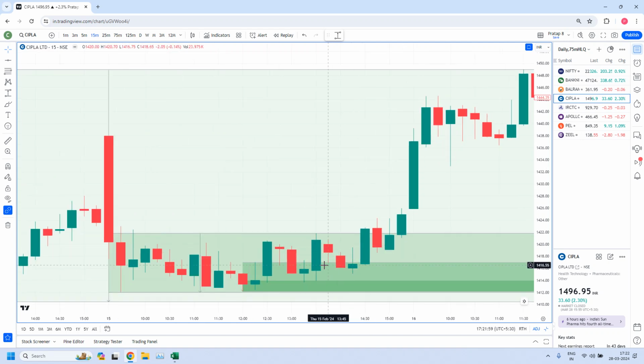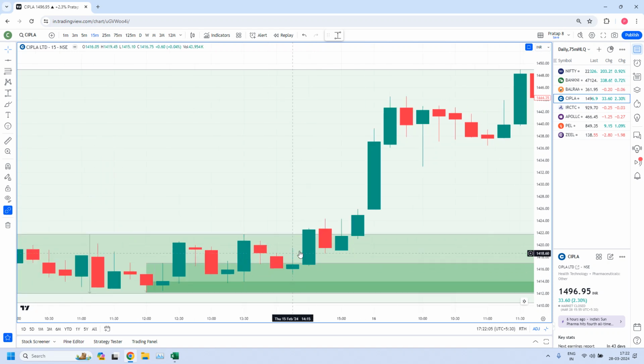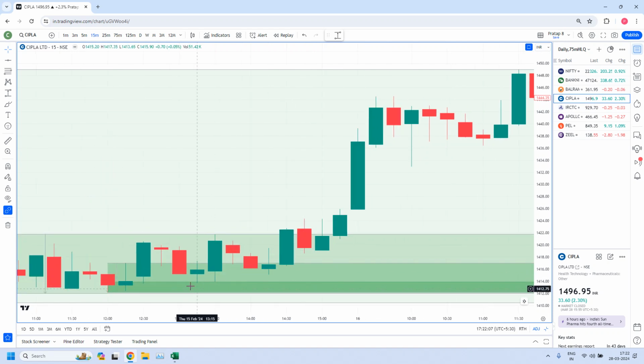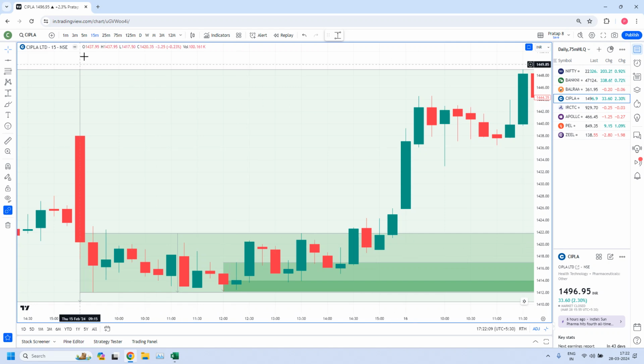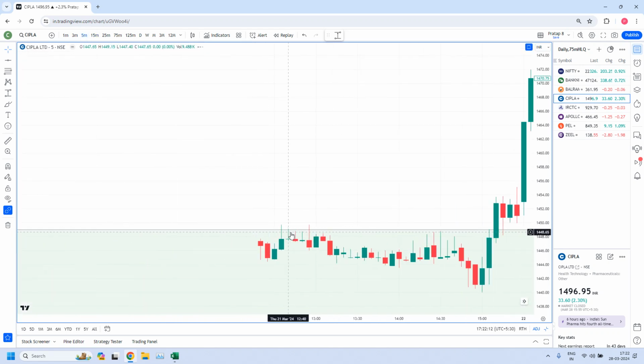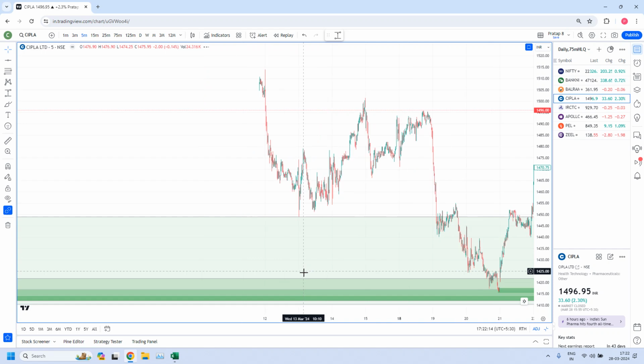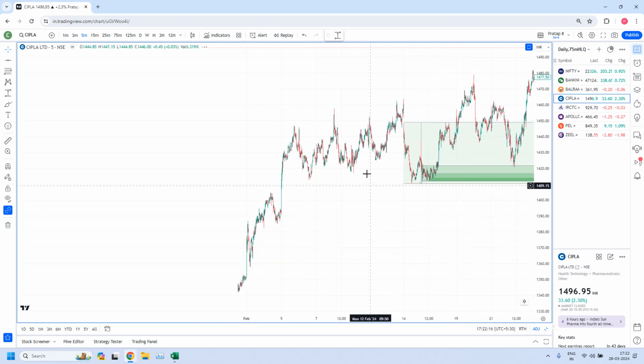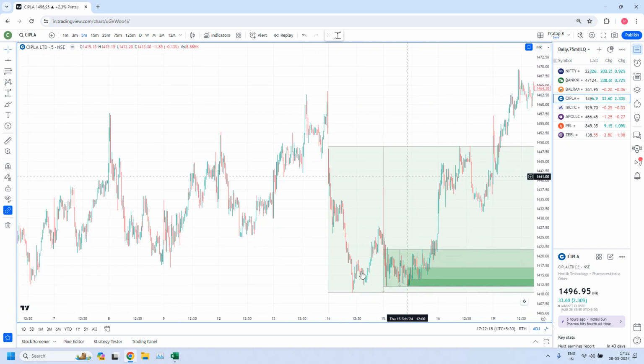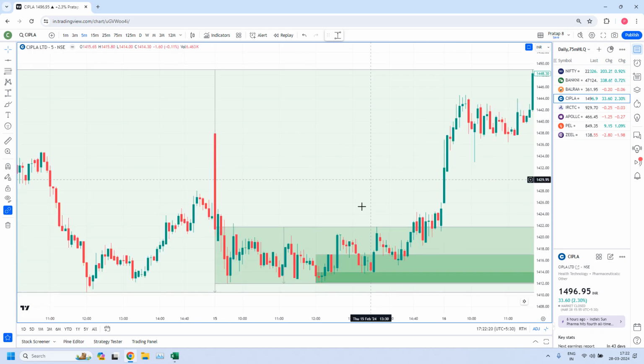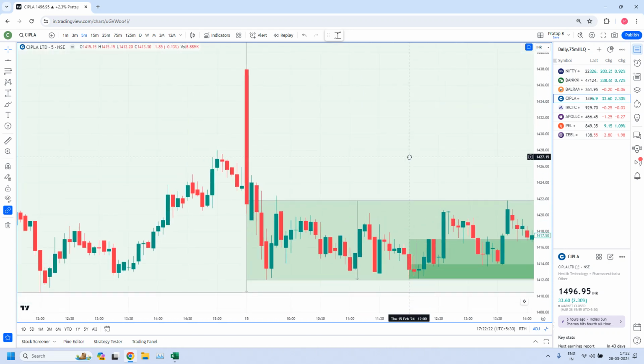Several times prices came. And see here, this zone is already tested. Which one? The fine-tuned 5 minutes area. Let me show you the fine-tuned 5 minutes area. So this is how we fine-tune.